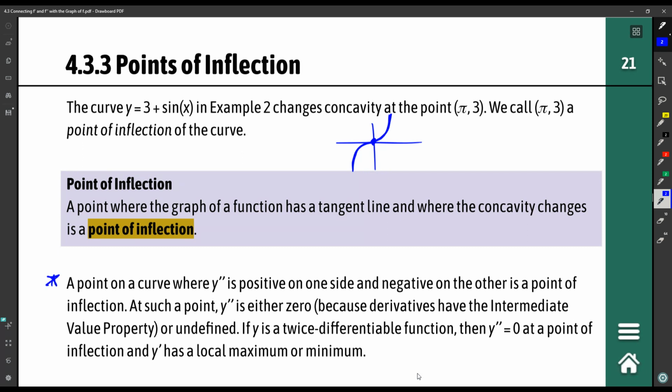You change from positive to negative or negative to positive in y double prime. At such a point, y double prime is either 0, because derivatives have the intermediate value property, or undefined. And if y is a twice differentiable function, then y double prime at a point is a point of inflection, and y prime has a local maximum or minimum.